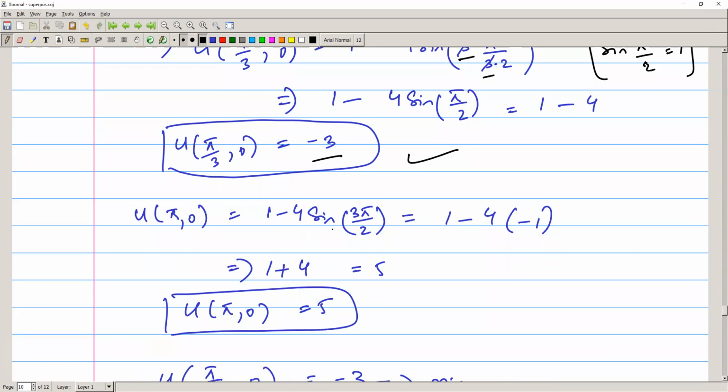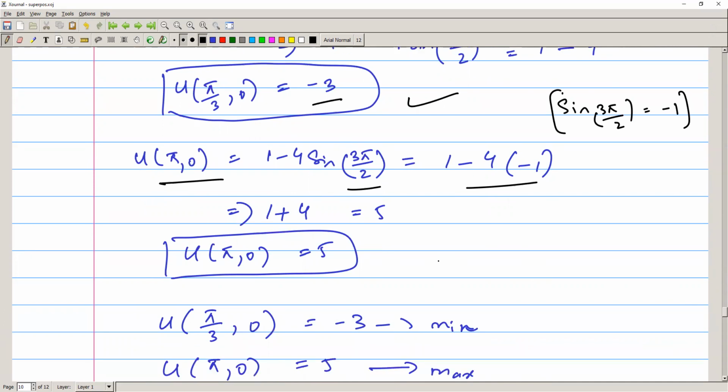Then we will calculate for u of pi comma 0. We will plug pi instead of x here. So we will get 1 minus 4 times negative 1, because sine 3 pi over 2 equals negative 1. All right, so in this manner we'll solve and we'll get u of pi comma 0 equals 5.